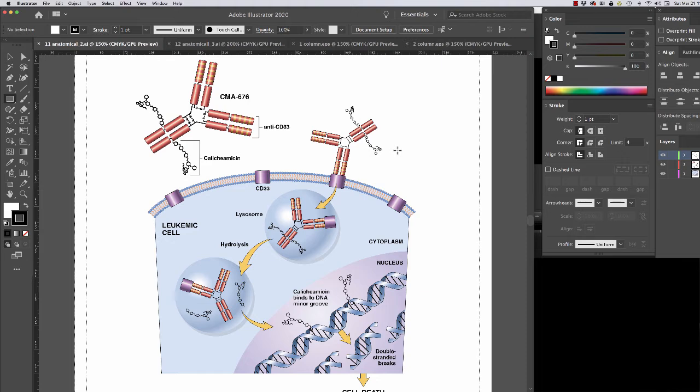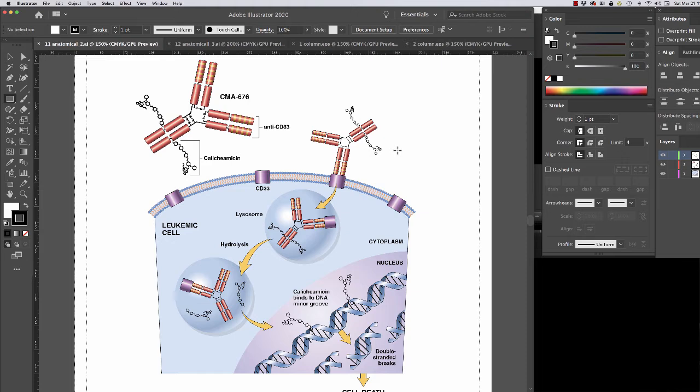This is a type of chemotherapy that a lot of people refer to as the magic bullet, because you can create antibodies that are very, very specific to proteins that are expressed on the outside of tumor cells. And you can then deliver a powerful poison specifically to those tumor cells that express that particular protein on their surface. And the poisons will then kill only those cells that are targeted by this antibody.